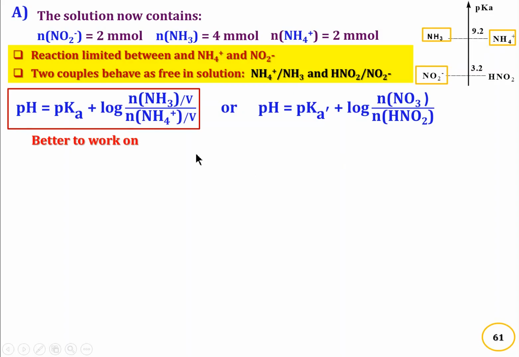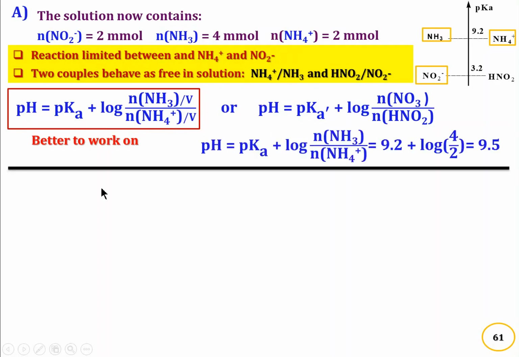But it's better to work on couple 1 since the quantities of the base and the acid are given. The student that works on couple 2 has only NO2 minus. He has to search for the concentration of HNO2. So the student working on couple 2 should do more calculations. It's better to work on couple 1.